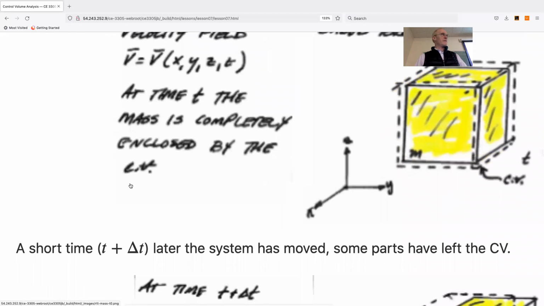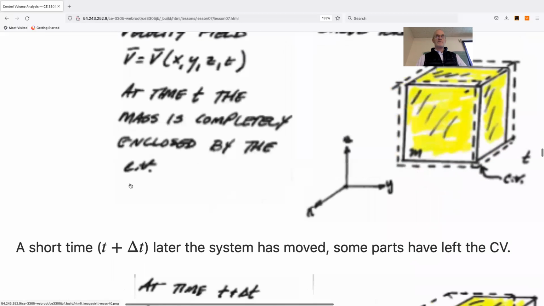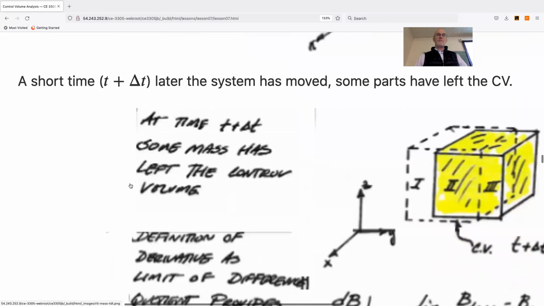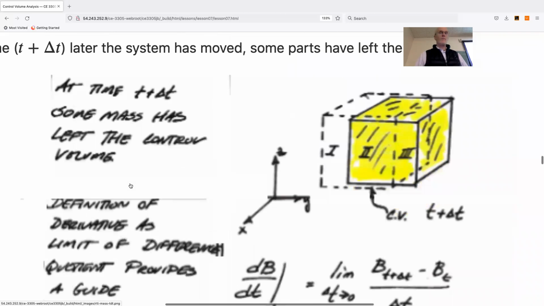Now a short time later, our gold block has moved. So some of it has actually left the control volume. And for the sake of simplicity, we're just going to have it translate from left to right. So now at time t plus delta t, our golden cube is shown here in the drawing, and our control volume is also shown, and they no longer coincide.